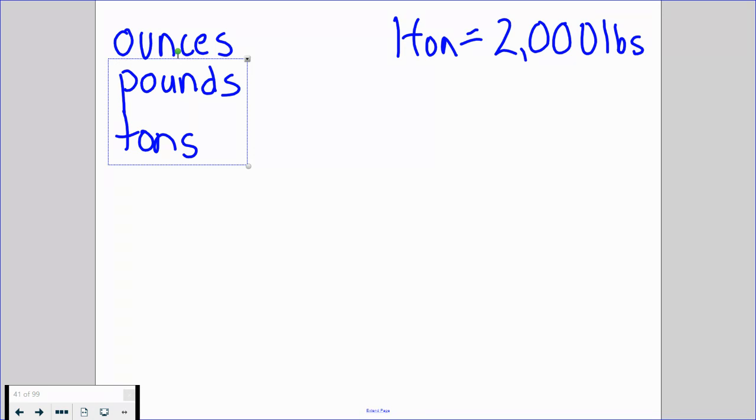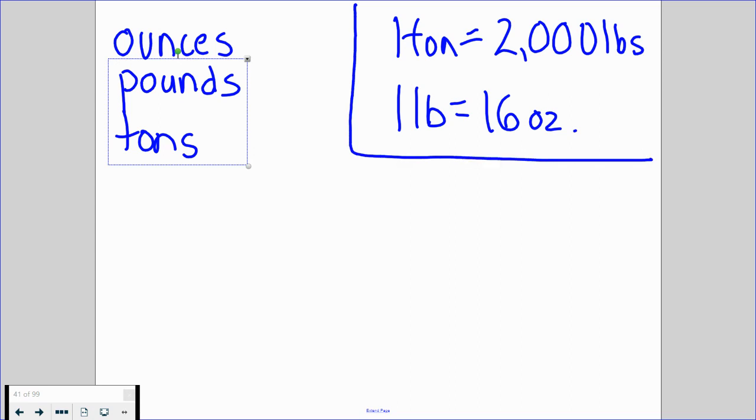The other conversion that you're going to need to remember is 1 pound has 16 ounces, okay? So you're going to need to remember those two conversions. That's why I wrote them here, okay? Might be a really good idea to grab a sticky note or a little piece of paper and write this chart down so you have it in front of you.